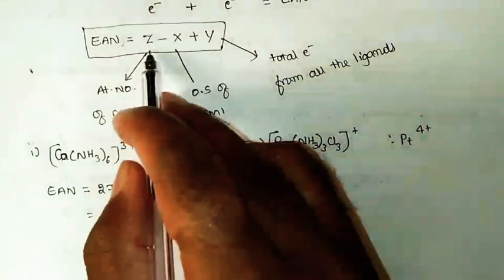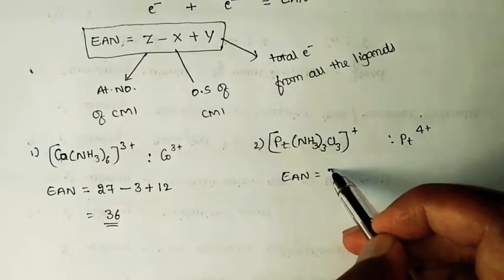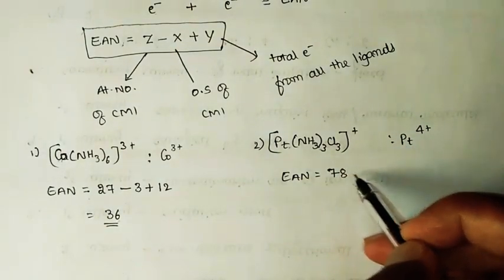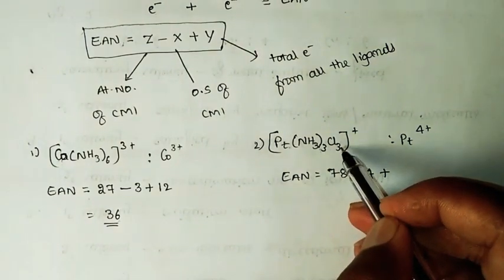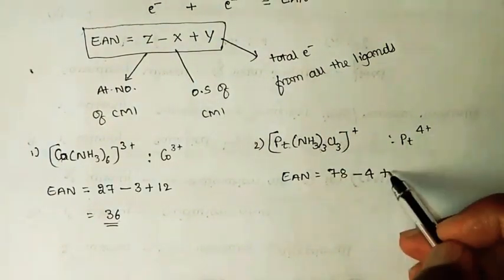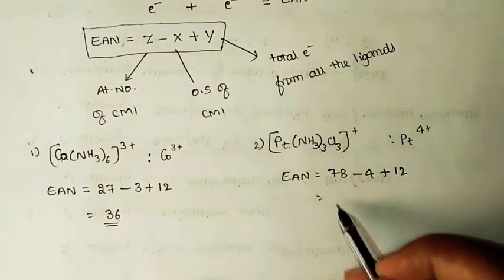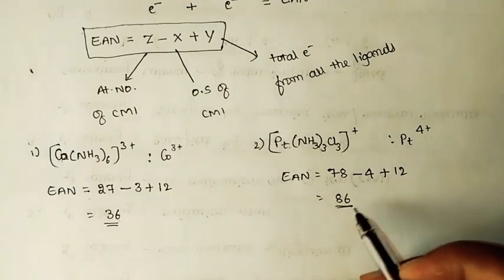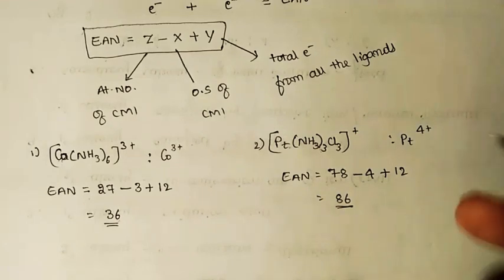That is the value of Z. So now we shall calculate the value of EAN. EAN is equal to Z, that is 78, minus oxidation state 4, plus 3 plus 3, 6, all are monodentate ligands, so 6 2s are 12. So 78 plus 12 minus 4, we will be getting 86, which is the atomic number of radon. Once again a noble gas.